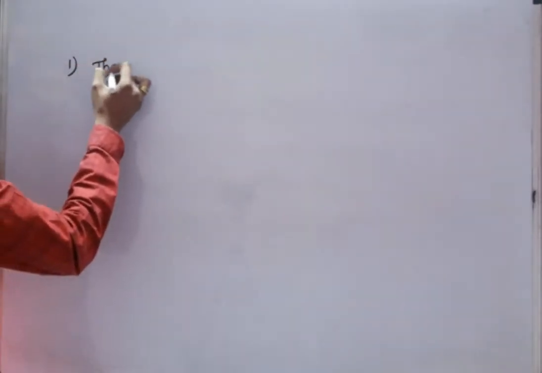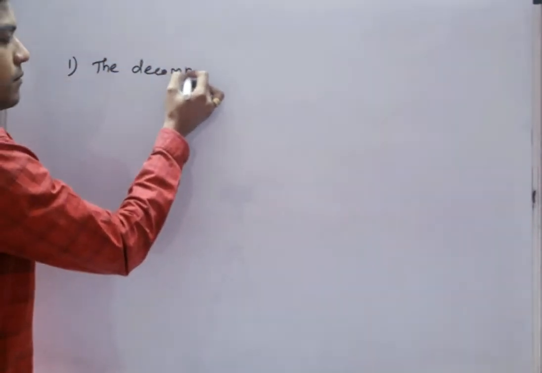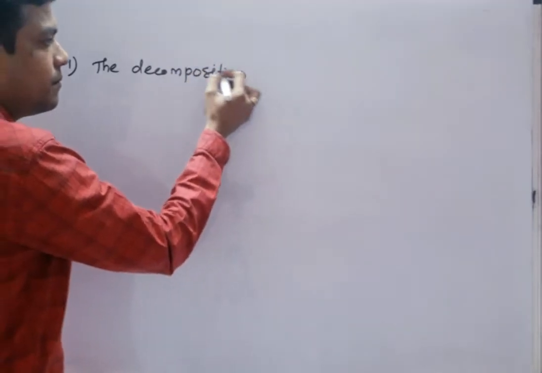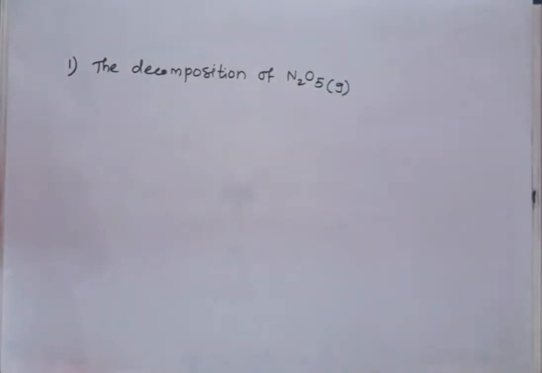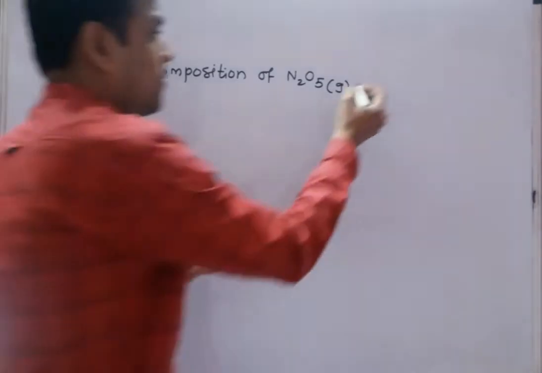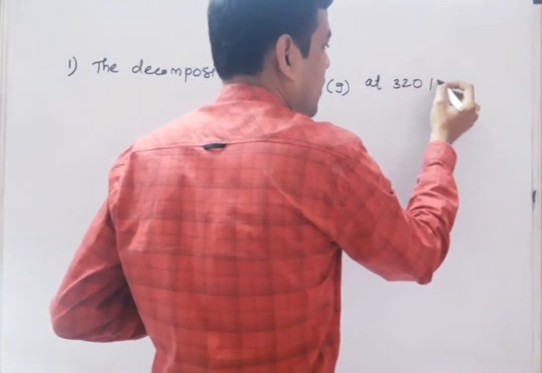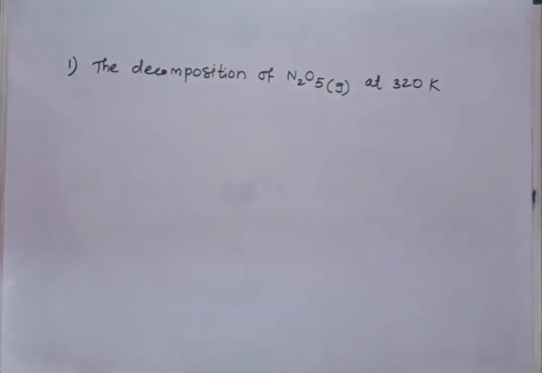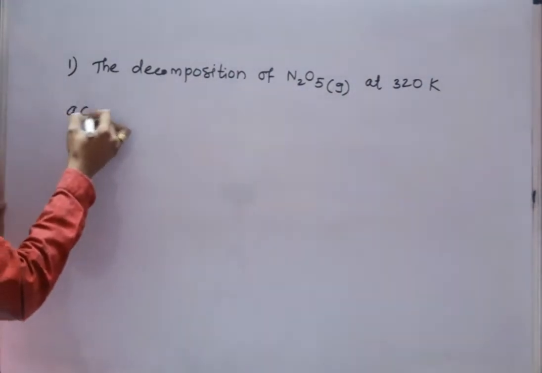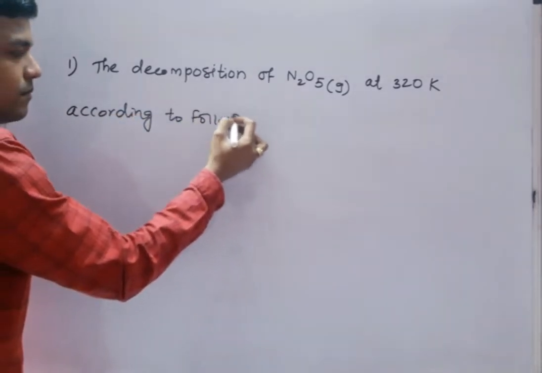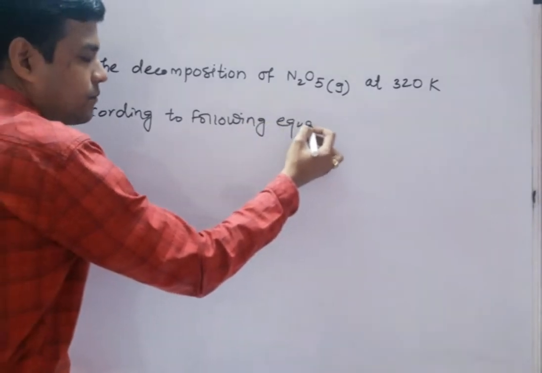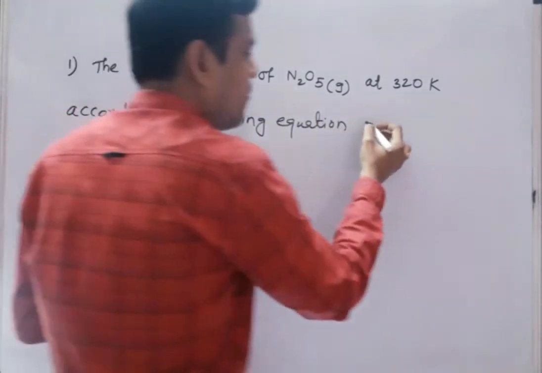Write down the first problem. The decomposition of gaseous N2O5 at 320 Kelvin, temperature is given, according to the following equation, follows first order.